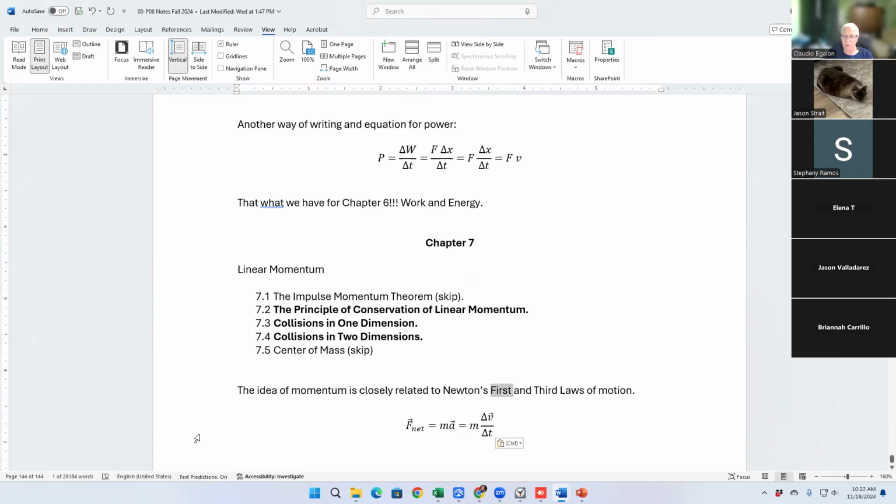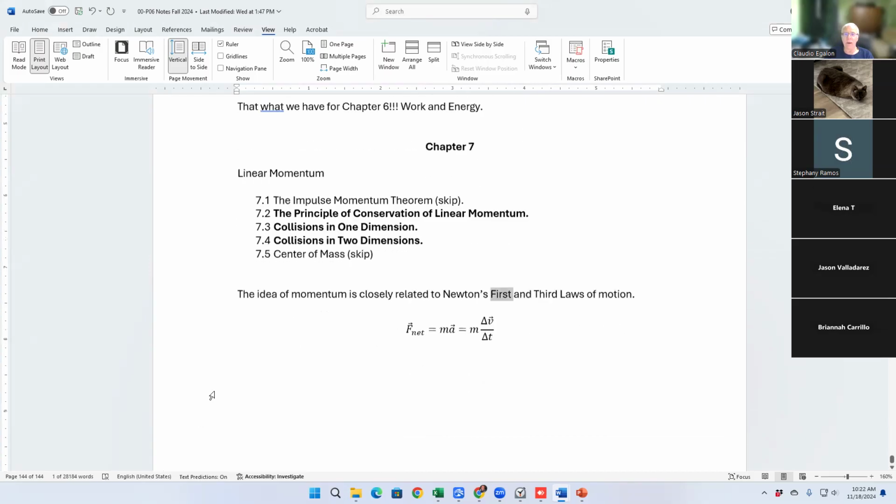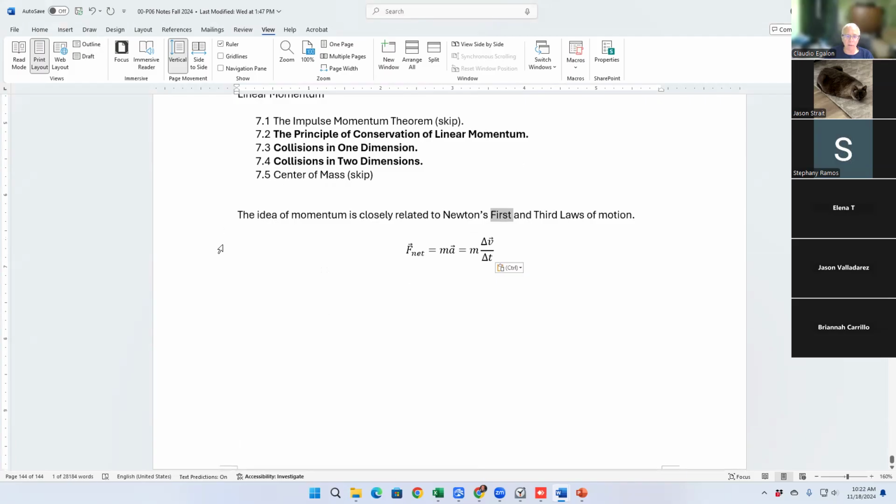Remember Newton's first slash second and third laws of motion, because the first law has to do with the second as well.